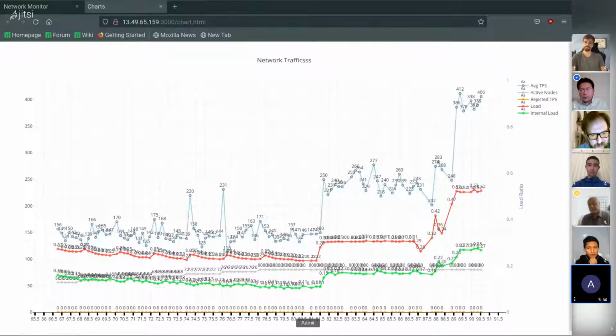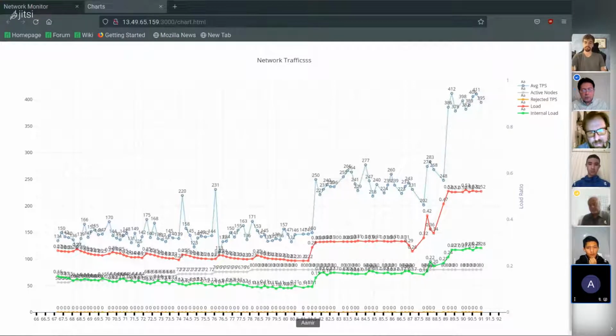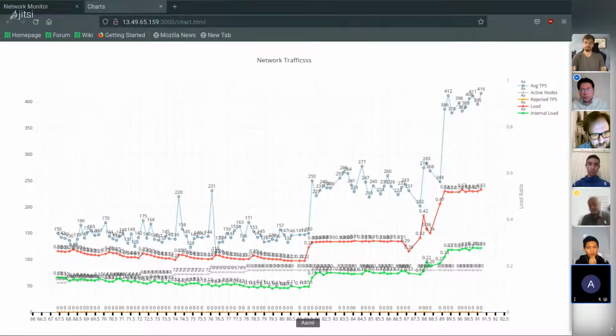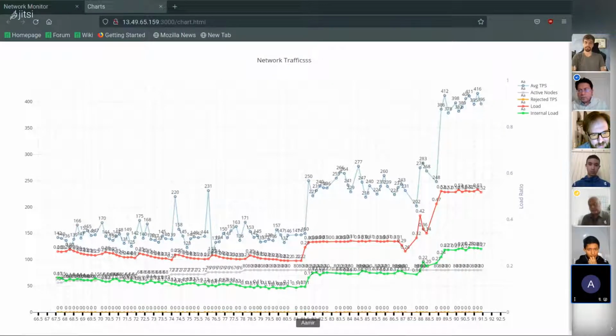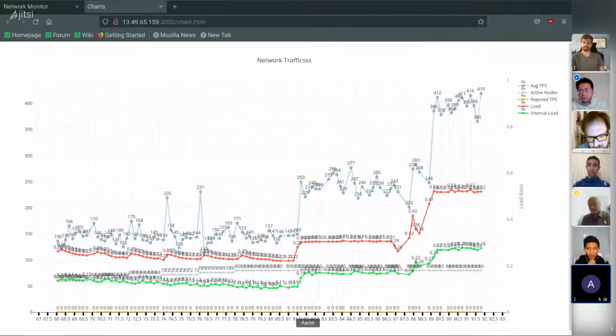The total load that the network is seeing is the red line, and you can see that as more and more nodes were joining the network, that load was going less and less. Whenever we increased the TPS, you can see that load went up. The rejected transactions are shown with the yellow line, but they're very close to zero, so you don't really see too much there.